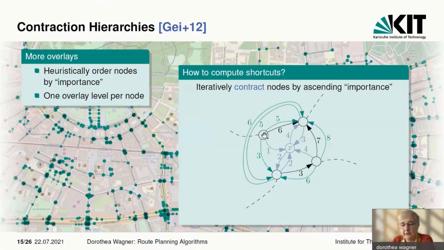For example, here, from this node via X to that node, we have a path of length 5. So we introduce this edge of length 5. Same here.